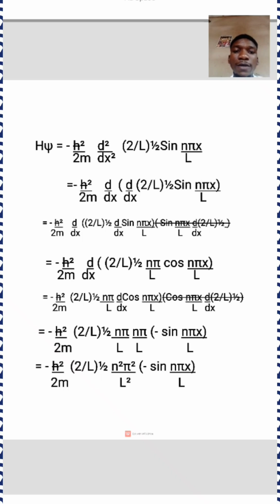Having the first derivative, we have it to be minus h-bar squared over 2m times d over dx of (d over dx of 2 over L raised to the power 1 over 2 sine n pi x over L).